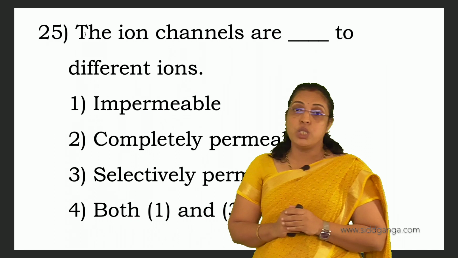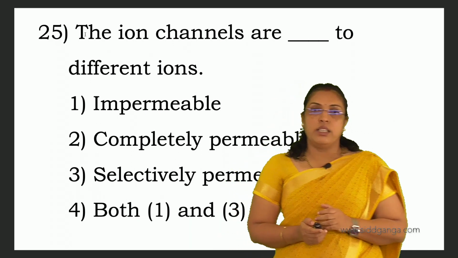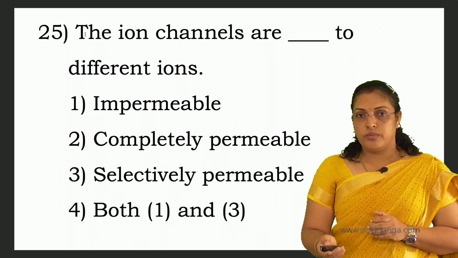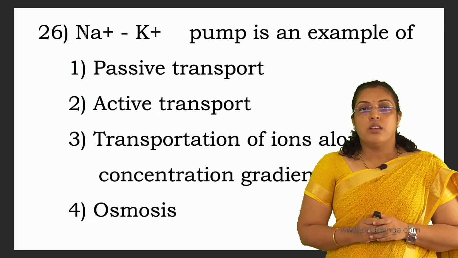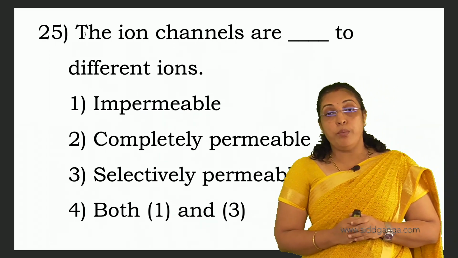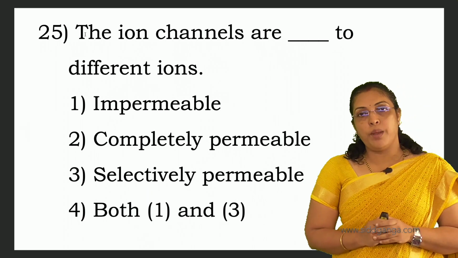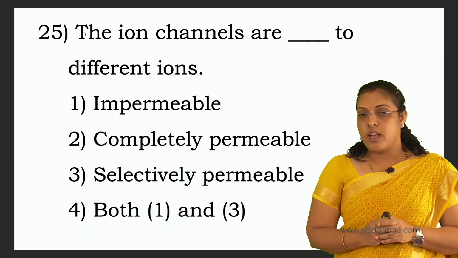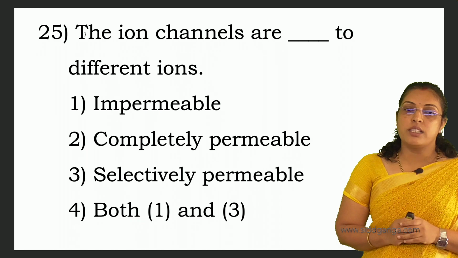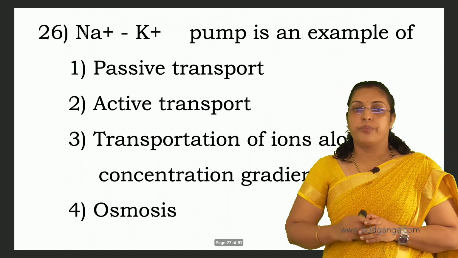Understood? 25th, third is the option. In the previous question, the axolemma is permeable to potassium ions and impermeable to sodium ions. So, the ion channels are selectively permeable to different ions.